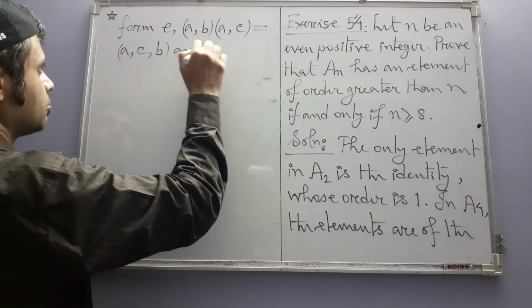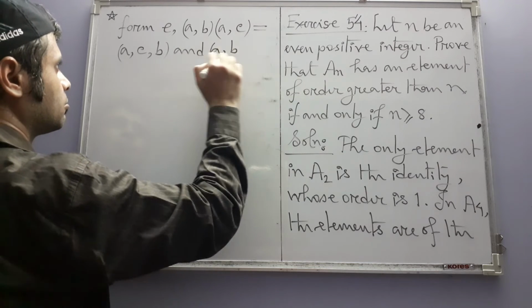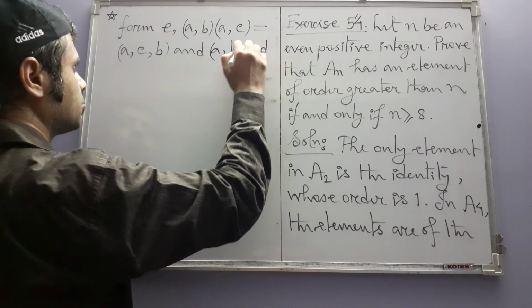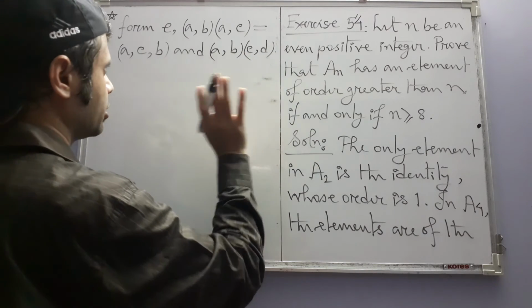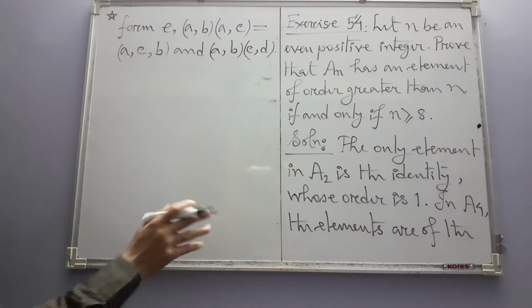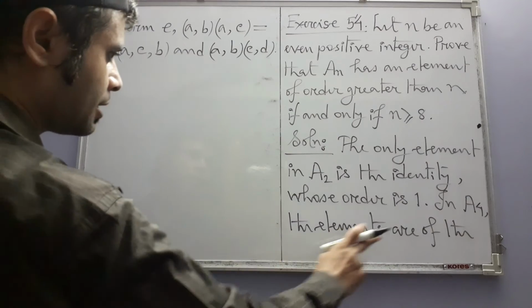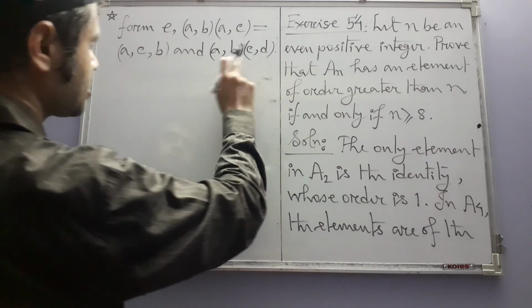And a product of 2 disjoint 2 cycles, and that's it. We don't have any other type of things, because there are only 4 symbols available.